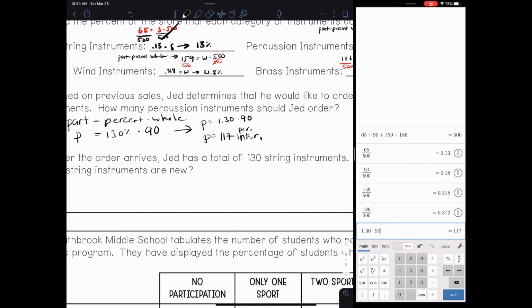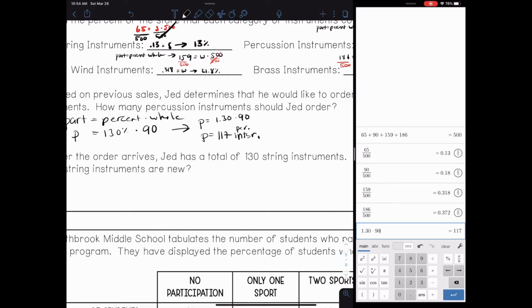But the question asks, how many more should he order? So he's not going to order 117 more. He had 90. He ordered 30% more to get 117. So how many more instruments does he want to order?